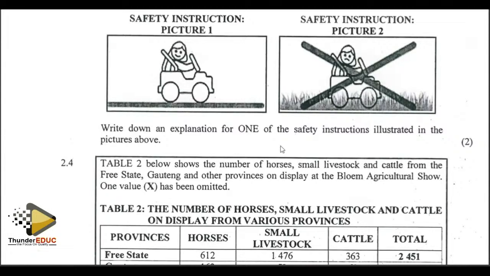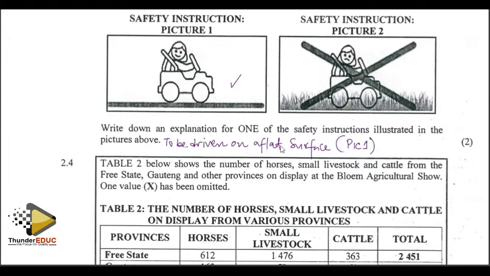So the first one, take note, look at it. There's no obstacle in front of it, to be driven on a flat surface. So this is option 1, picture 1.